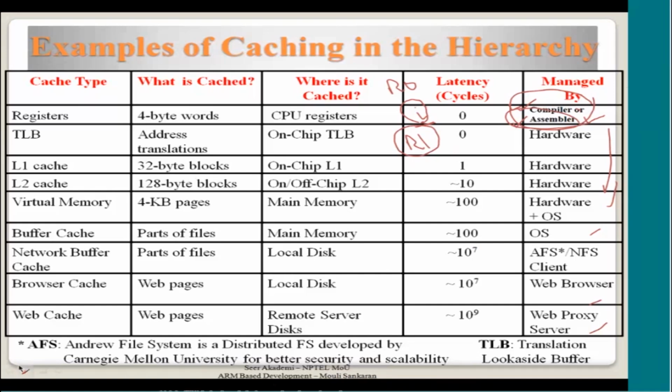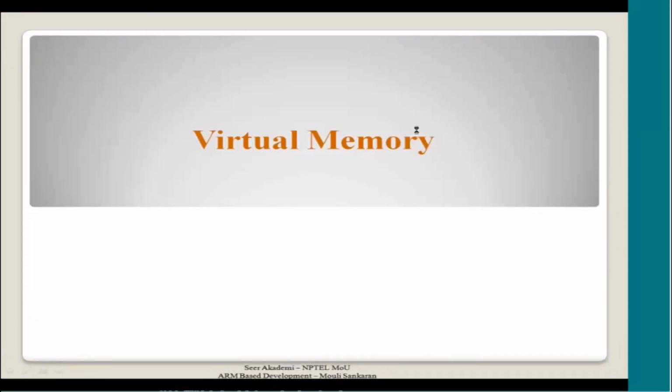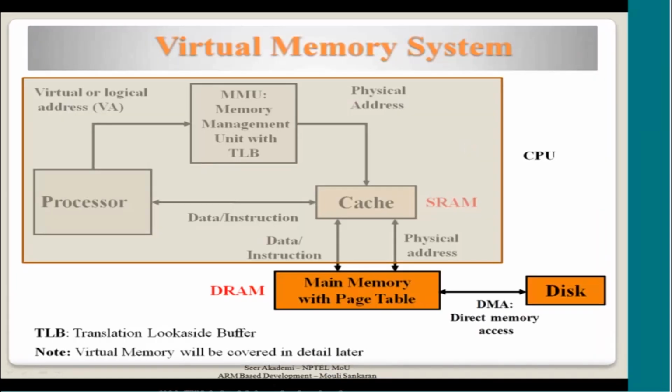So this is a comprehensive comparison of different memories. I thought I will give you a flavor of what the virtual memory system is all about, but don't worry if you don't understand this. I will be talking about this in the subsequent lectures. So the processor is here, and then there are TLBs and cache, and then main memory comes, and then disk.